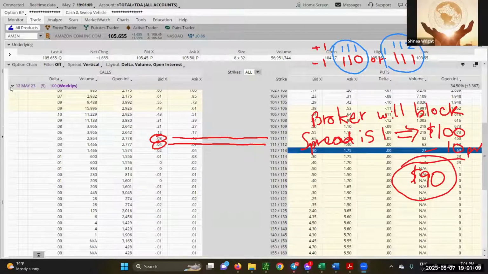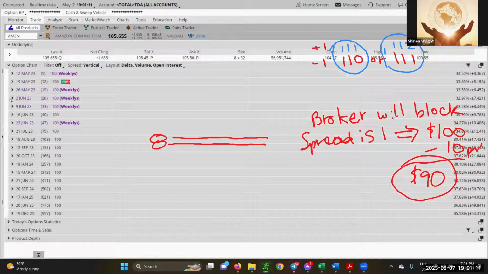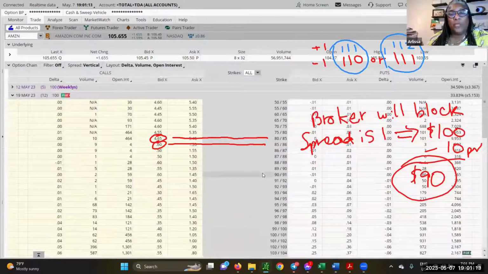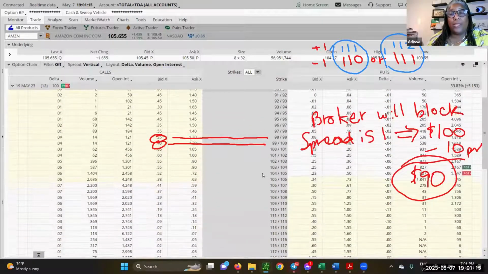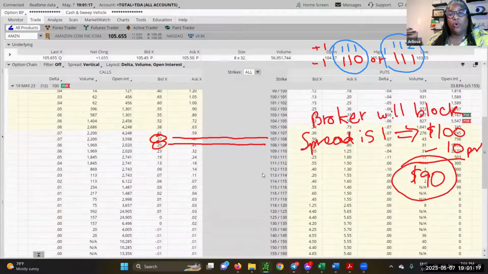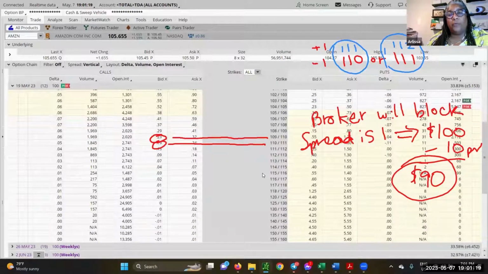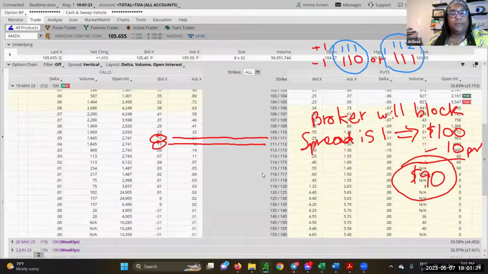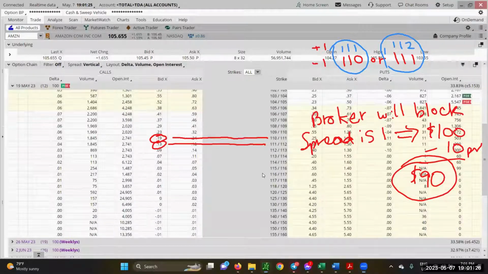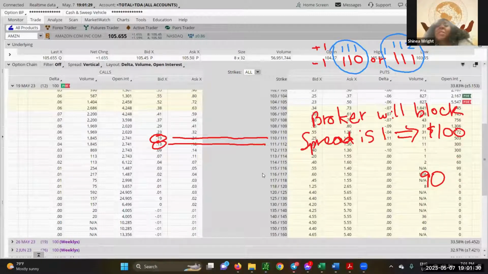So let's go out another week. We're still looking at 110, 111 or 111, 112. Okay. Ooh, looks a little bit better now, doesn't it? That 13 and 19.